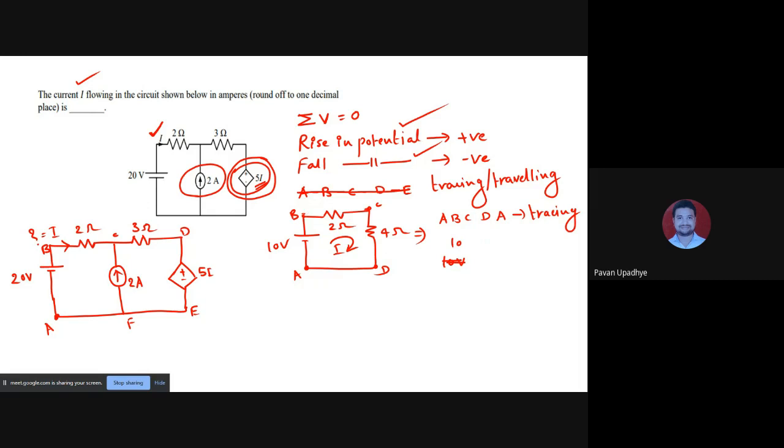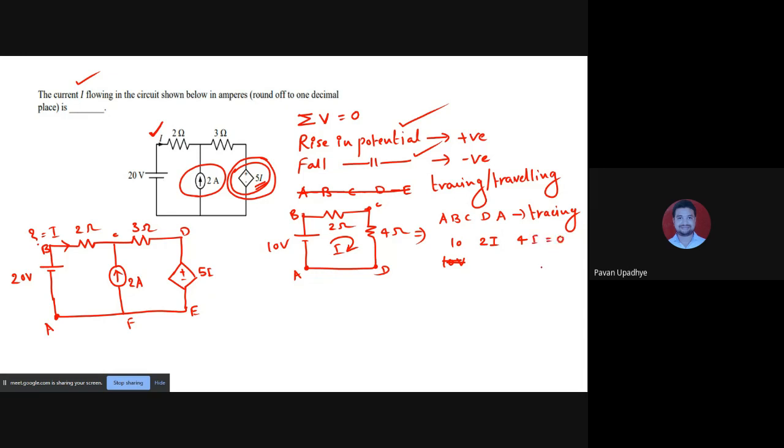When you move from B to C, you come across a 2 ohm resistance, so the potential drop across it will be 2 into the current through that resistance, that is 2I. When you move from C to D, you come across a 4 ohm resistance, and the potential drop across 4 ohm will be 4 ohm into I. And we have to write it is equal to 0.